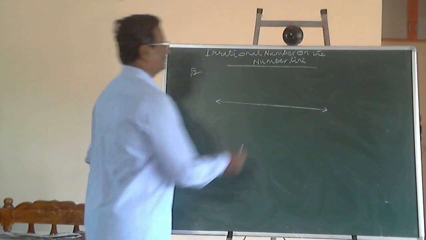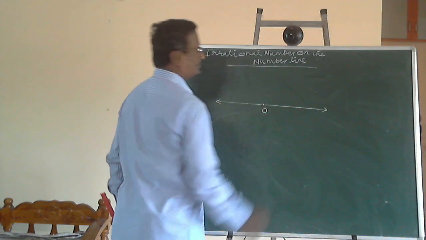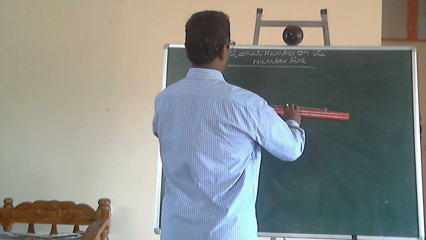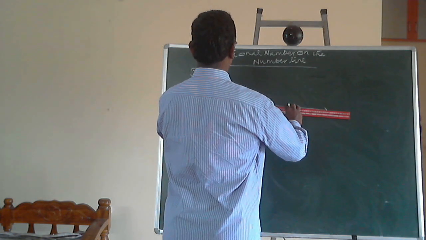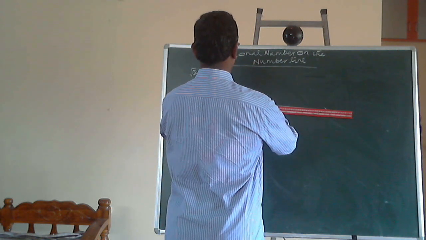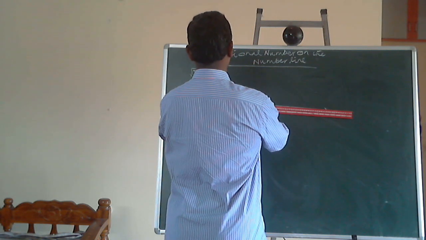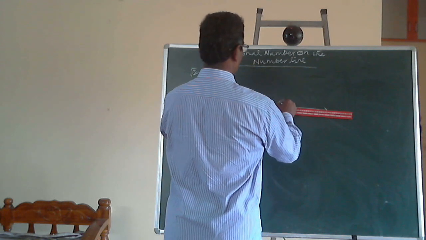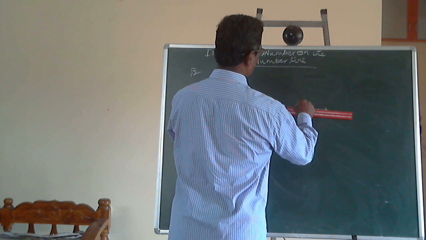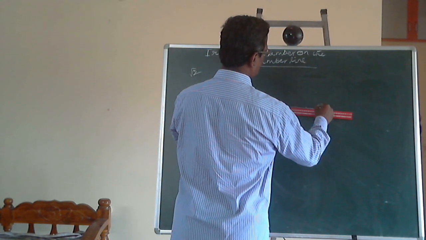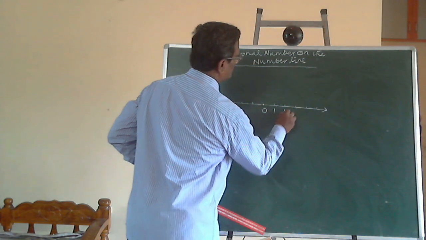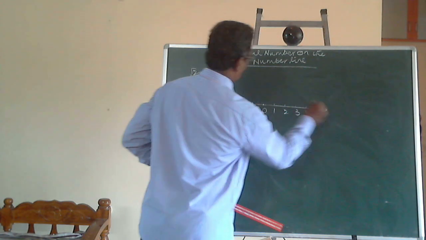On a number line, mark 0 somewhere, and mark the integers at equal distances. I am taking 5 centimeters as 1 unit. 1, 2, 3, 4, 5.